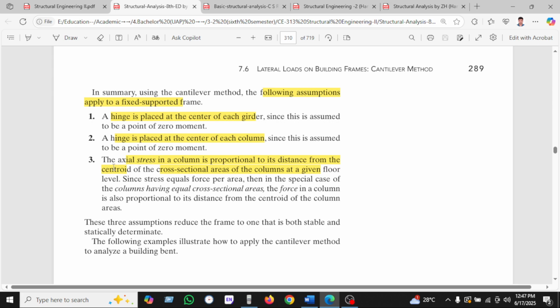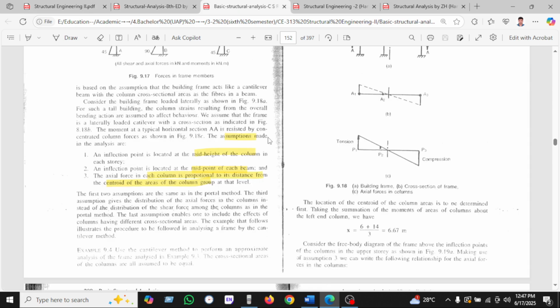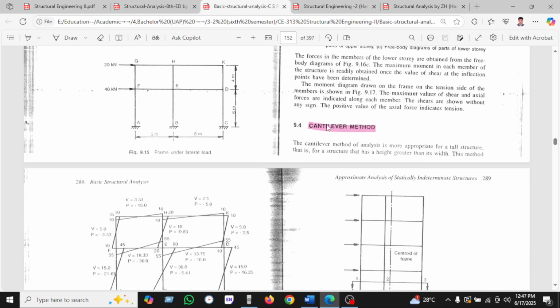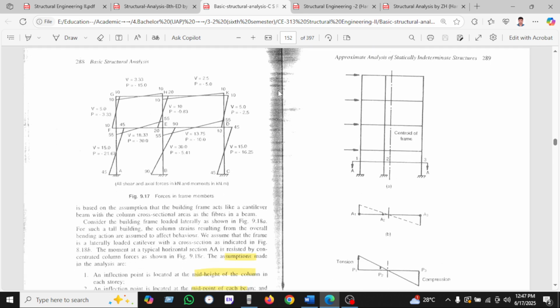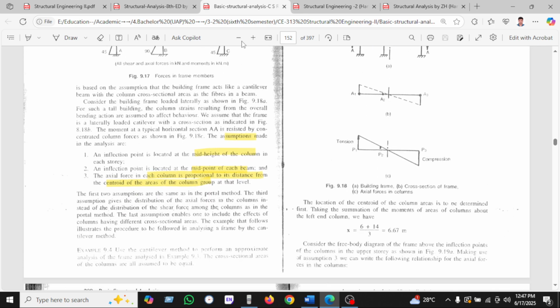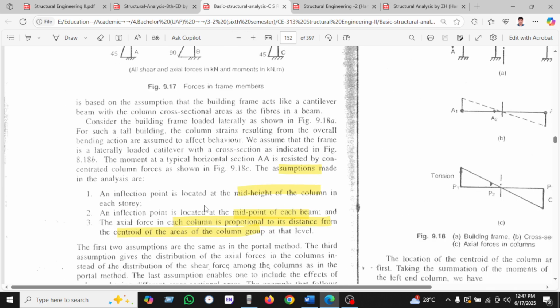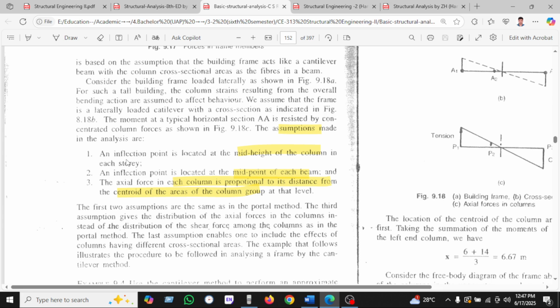And last, the axial stress in a column is proportional to the distance from the centroidal axis of the column. Another reference book is by C.S. Reddy, who also gives the assumption that the inflection point is located at the middle of the column of each story.